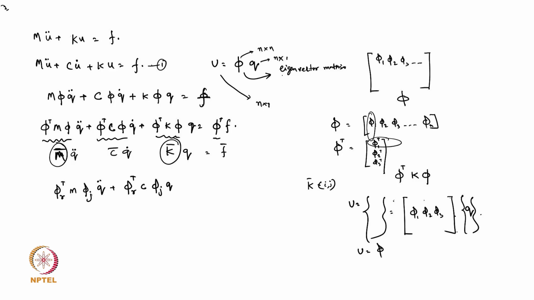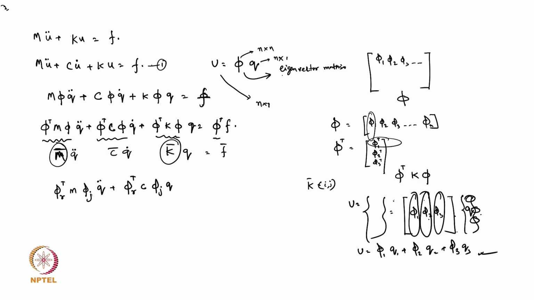U is phi 1 times Q1 plus phi 2 times Q2 plus phi 3 times Q3. Agreed? Because each of these will just be multiplied and added. Agreed? Good.